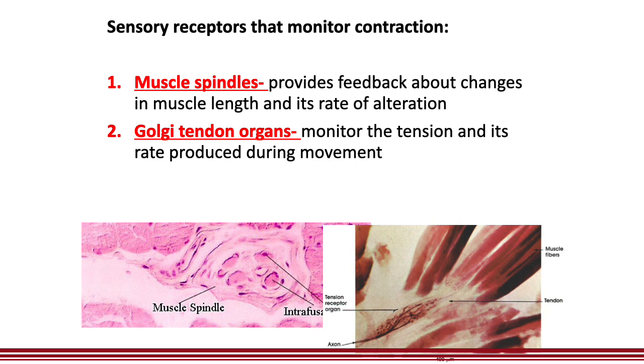The CNS can then make adjustments to the activation of motor neurons and muscle fibers to maintain the desired level of muscle tension and movement. And this plays a role in involuntary muscular control, for example, posture, etc.